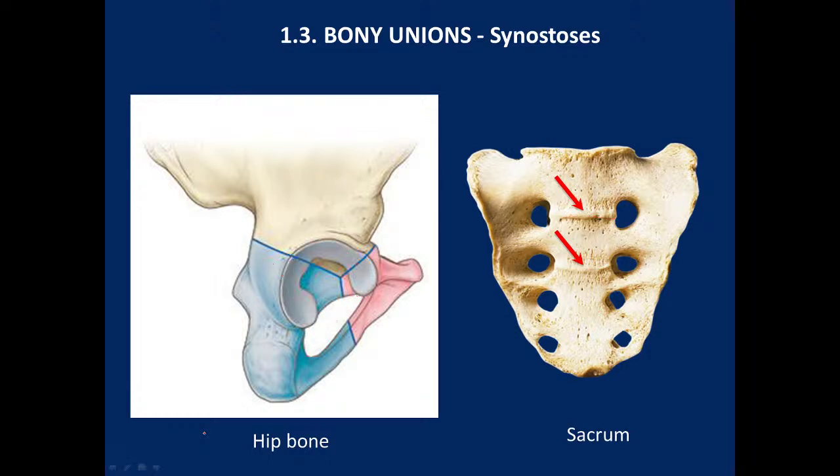So usually bony unions, or synostosis, are the final stage of some cartilaginous joints. For example, the epiphyseal cartilage we talked about transforms into bony unions.